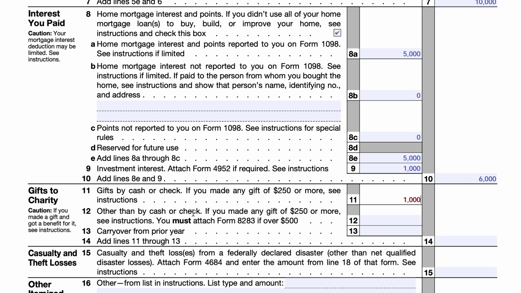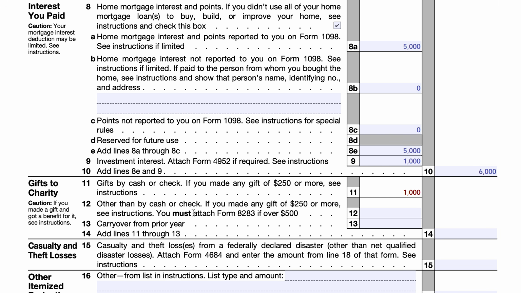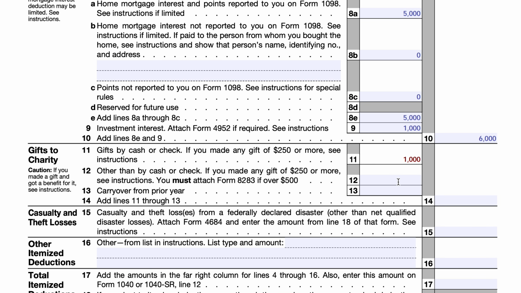If you had donated a vehicle, then you should receive a Form 1098-C to acknowledge that, which is the substitute for the contemporaneous written acknowledgement. And if you have a donation of $5,000 or more, then you may need to attach an appraisal to your tax return. So that would all be covered under IRS Form 8283. So we're going to say that we have nothing here.